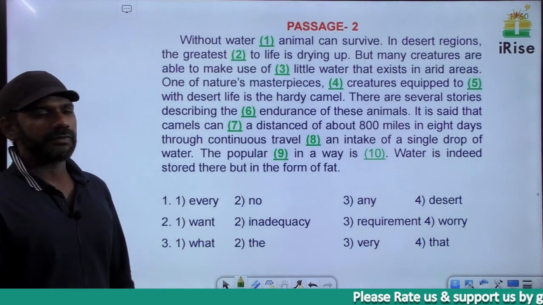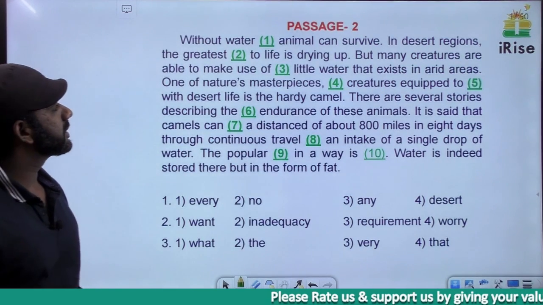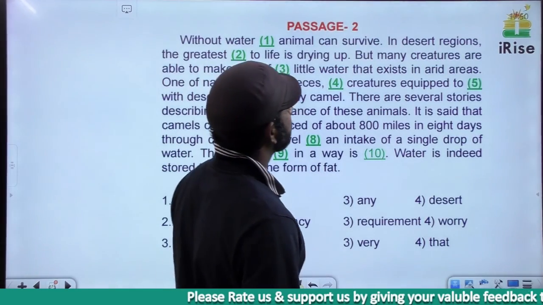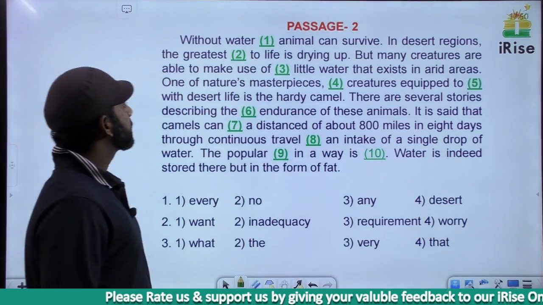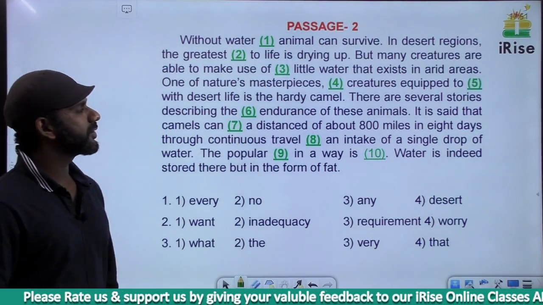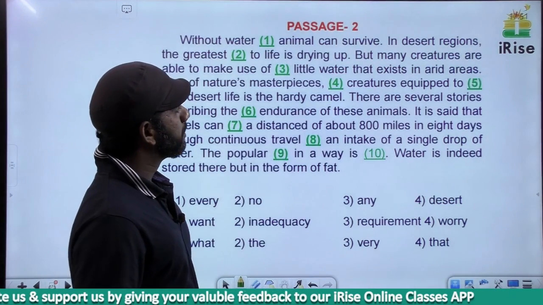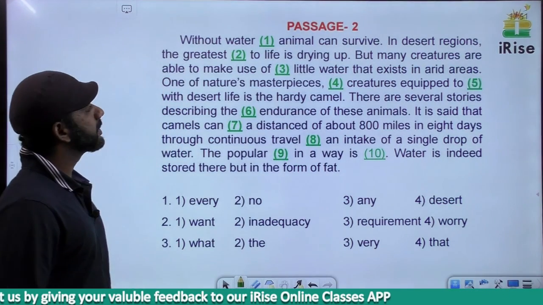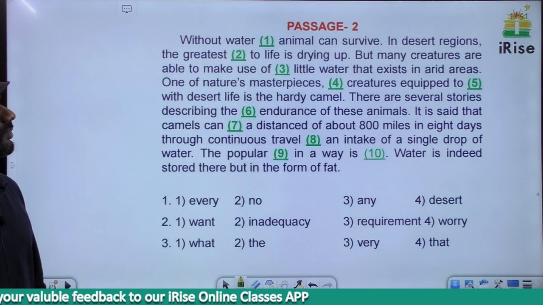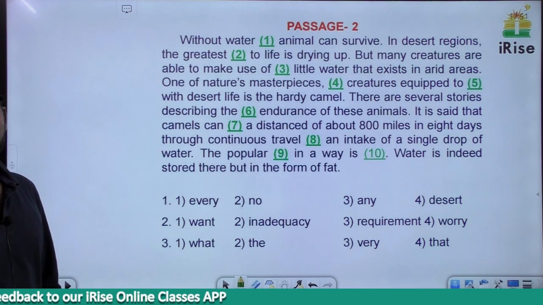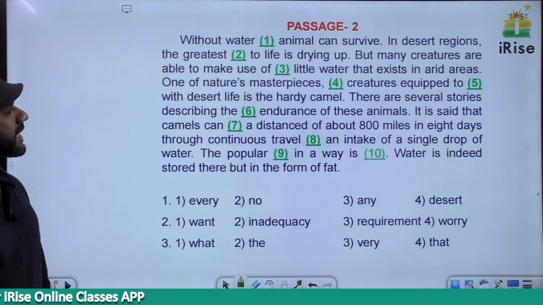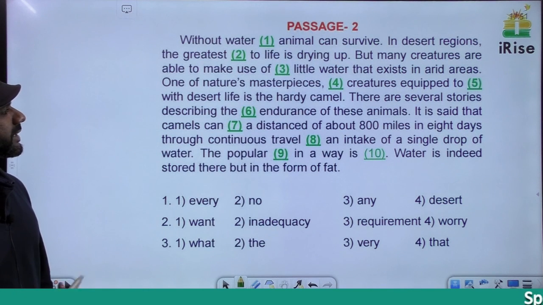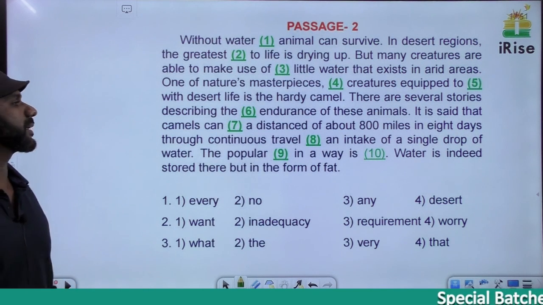I'll read the paragraph. Without water, dash animal can survive. In desert regions, the greatest dash to life is drying up. But many creatures are able to make use of dash little water that exists in arid areas. One of nature's masterpieces, dash creatures equipped to dash with the desert life, is the hardy camel.